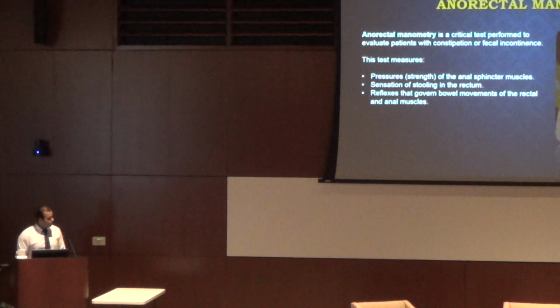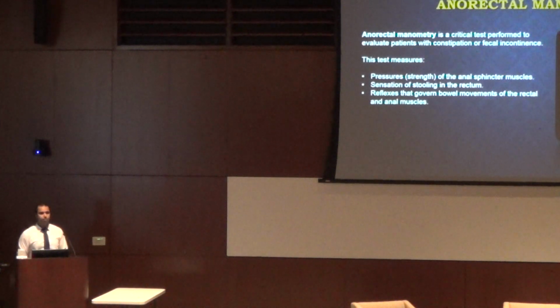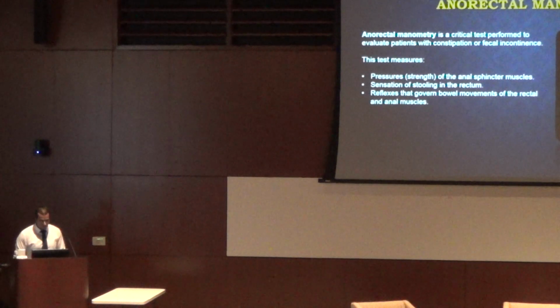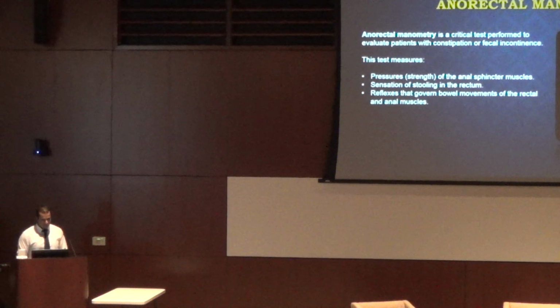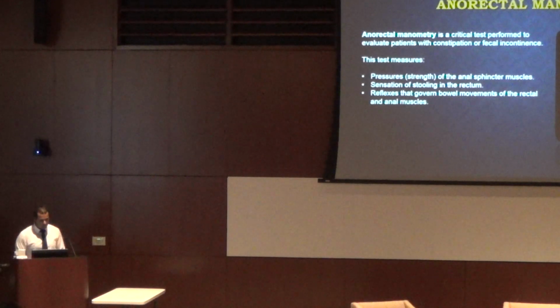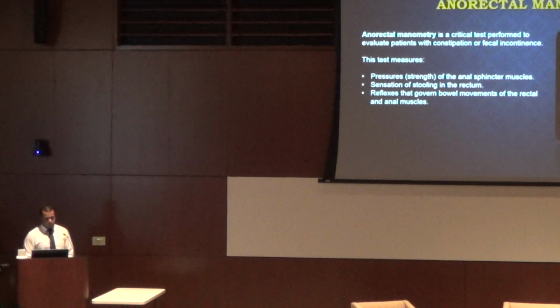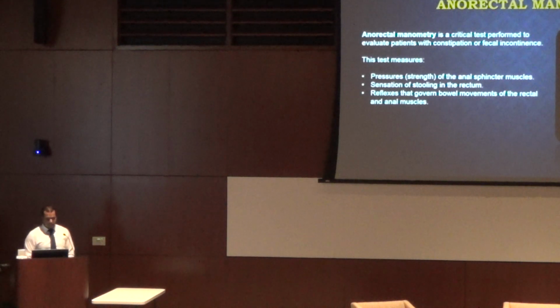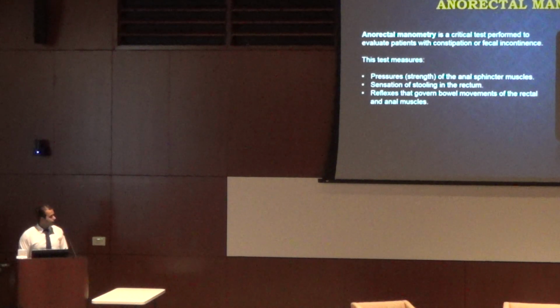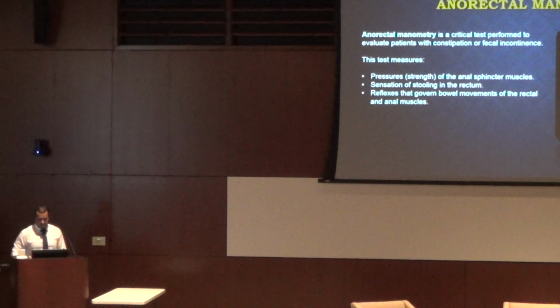Right now the gold standard for performing this kind of test is anorectal manometry. It's a critical test. It measures the pressure of the sphincter muscles, the sensation of stooling, and the reflexes that govern bowel movements in the rectum and the anus.